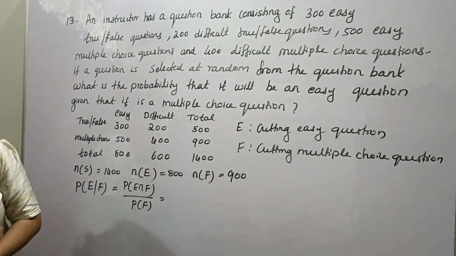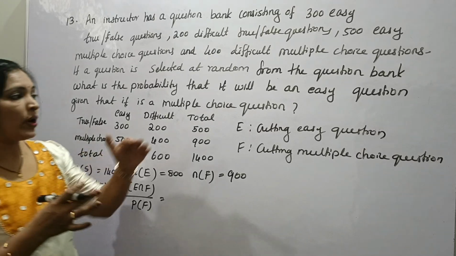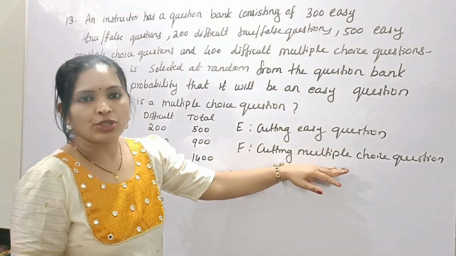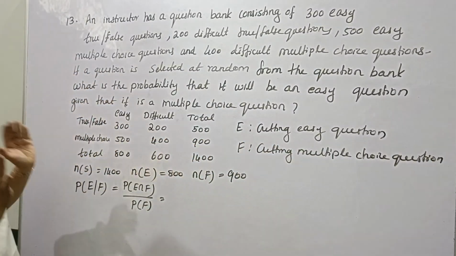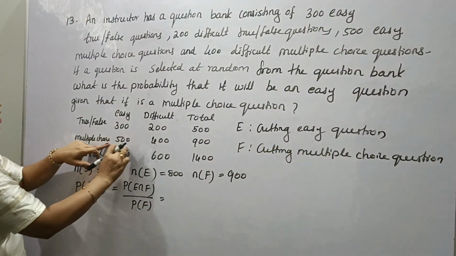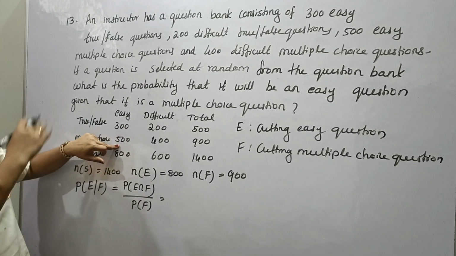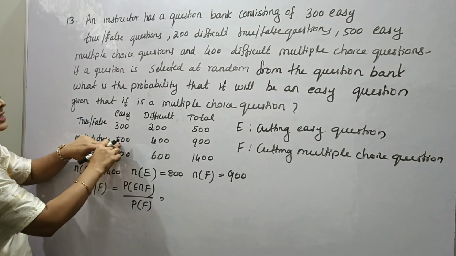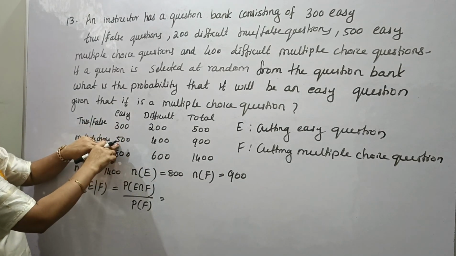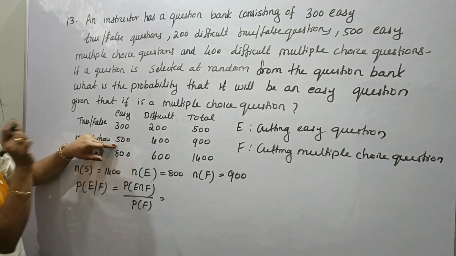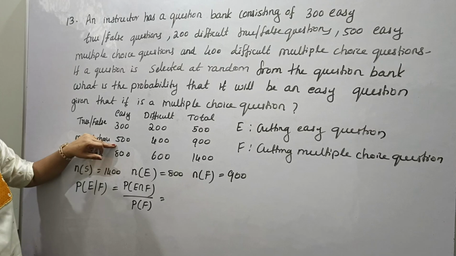So what is E intersection F? How many questions are there? E is easy questions, and F is multiple choice questions. So the intersection is 500. These are both multiple choice and easy questions, that is the common part. So the number of E intersection F is 500. There are 500 questions that are both easy and multiple choice.